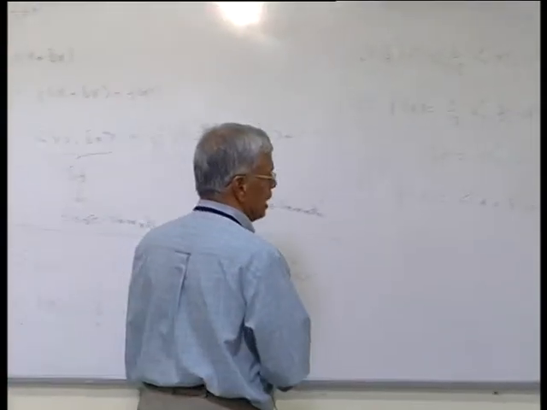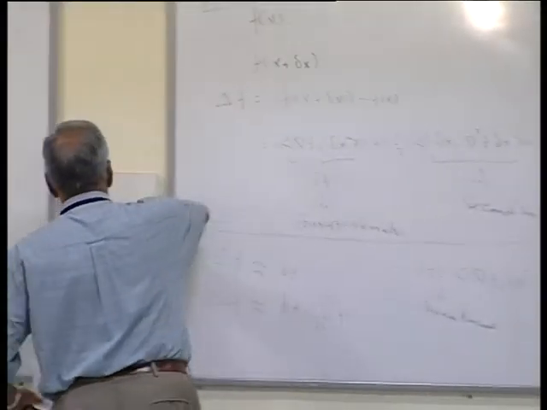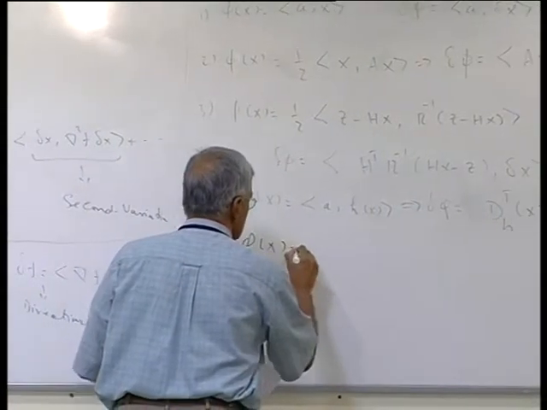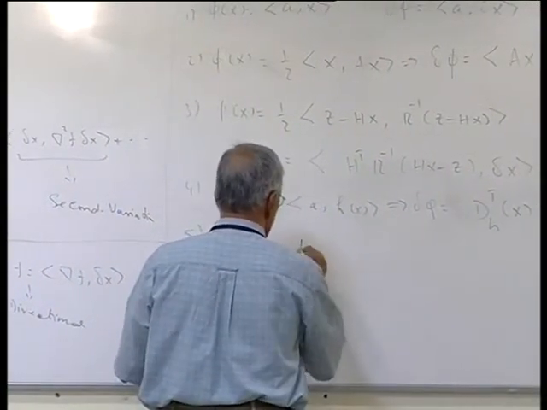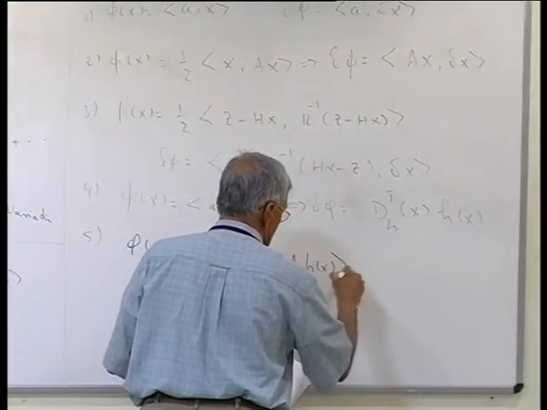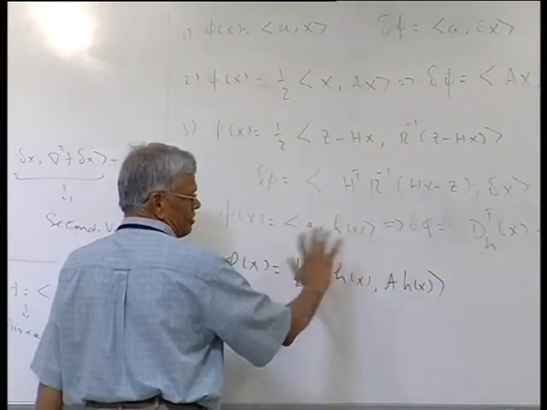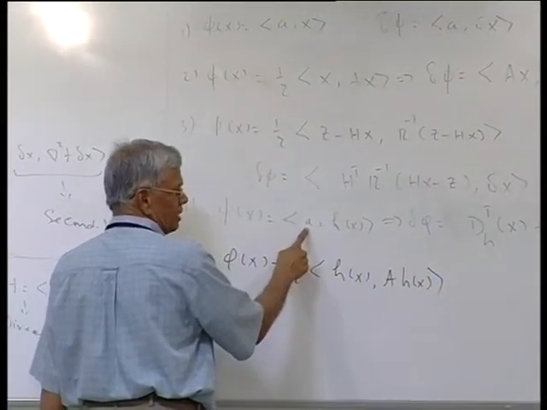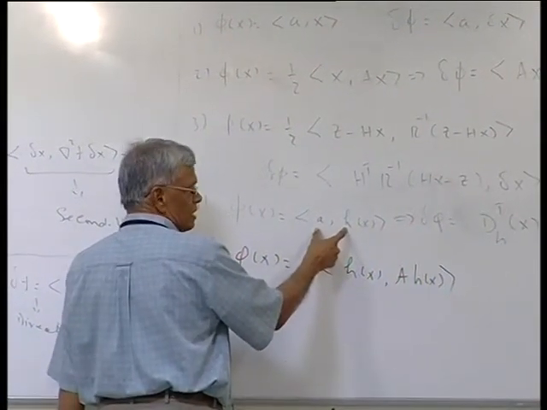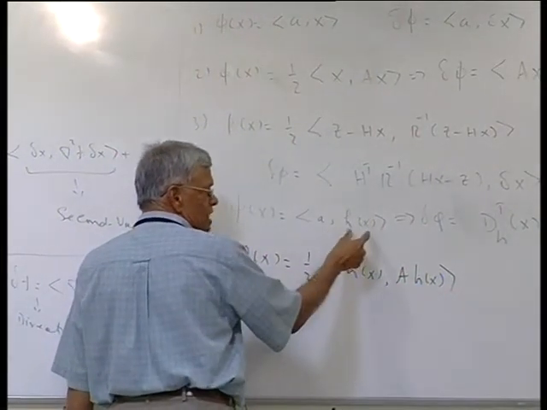Now the fifth formula we need is, if phi of x is equal to 1/2 of h of x transpose A h of x. Here I'm assuming tacitly that A is a matrix, h of x is a vector valued function of a vector, and these are compatible in size. This is the inner product of a vector valued function with A times the vector valued function.